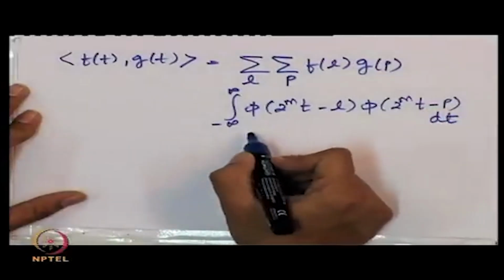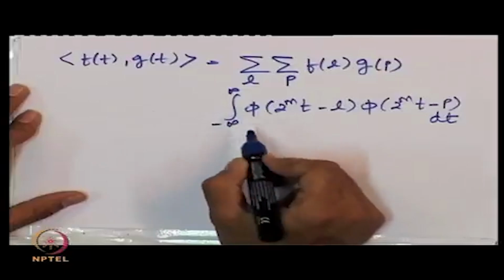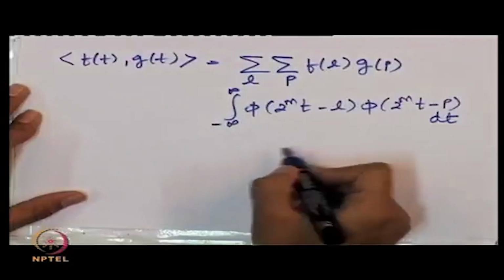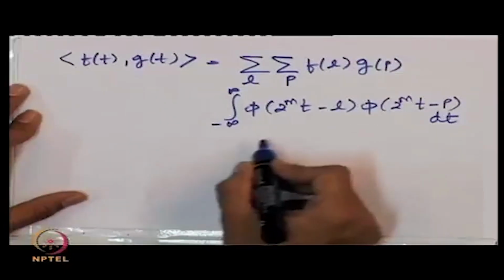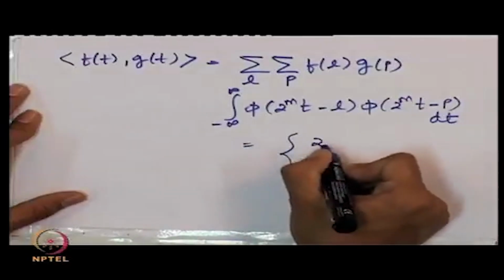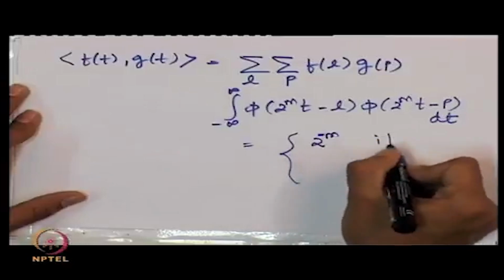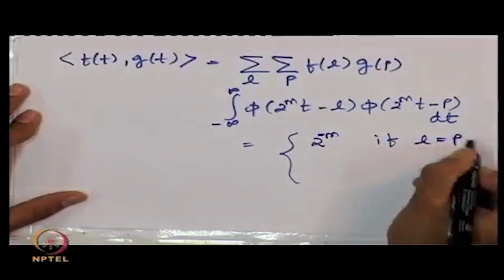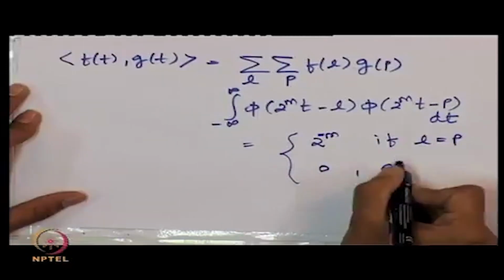We know that phi is an orthonormal basis for Vm, and this is equal to 2 raised to minus m if and only if L is equal to P, 0 else.